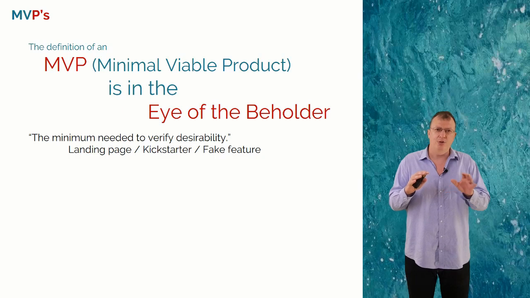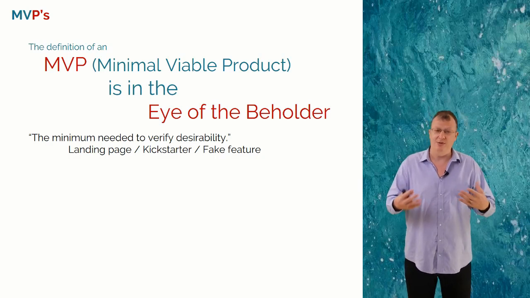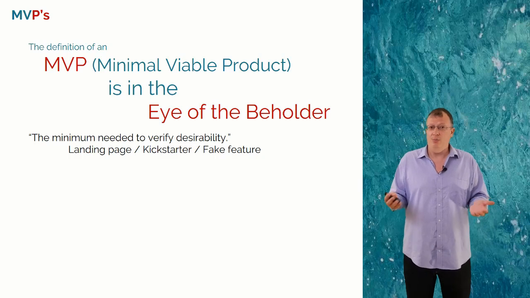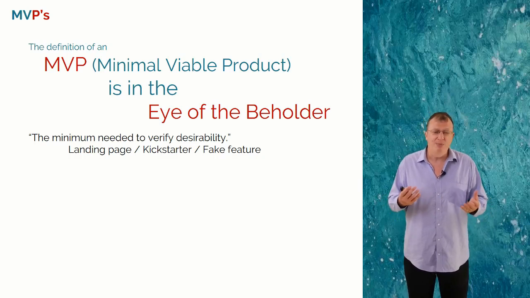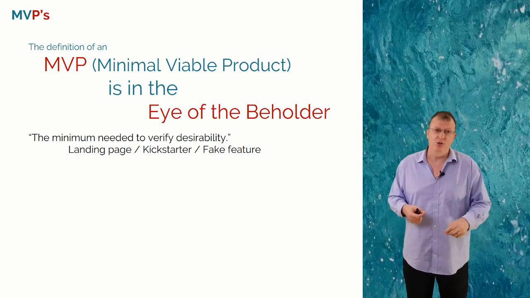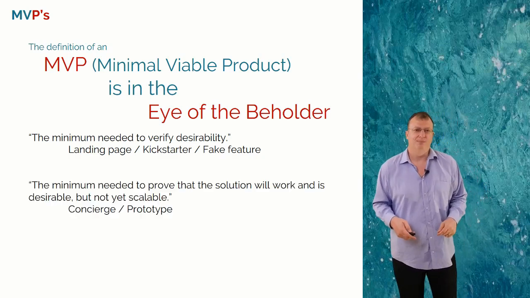Because when we go to a Kickstarter page, we're getting some view about cost and budgets and so forth, and people start to believe this and think it's feasible. So a Kickstarter page would be an example of a minimal viable product, or a fake feature on your website. You could use this feature, not quite ready now. Sign up here to let us know as soon as this feature is available. And by doing that, you're also verifying desirability.